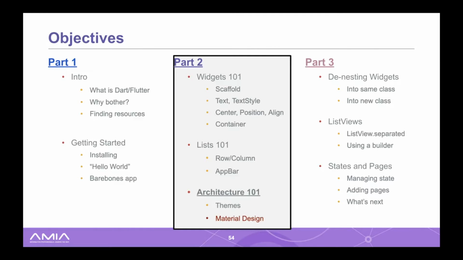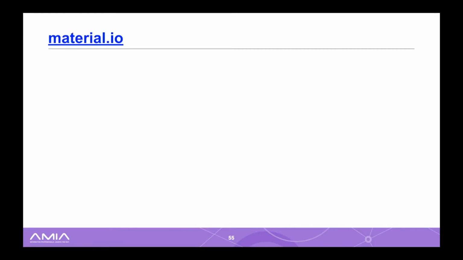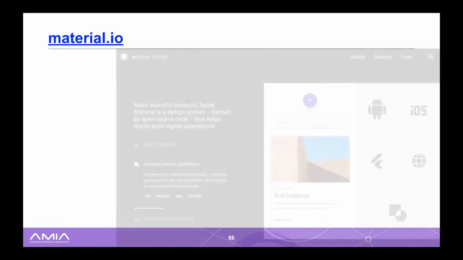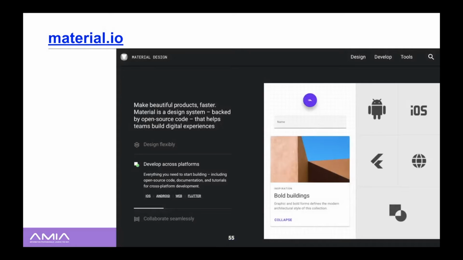And this also fits along the line with something called material design. And if you haven't heard of it, material.io is the website. It's very good. In 2014, Google tried to create a design language to help as we were developing on Android and iPhone and web and on phone factors and for auto.